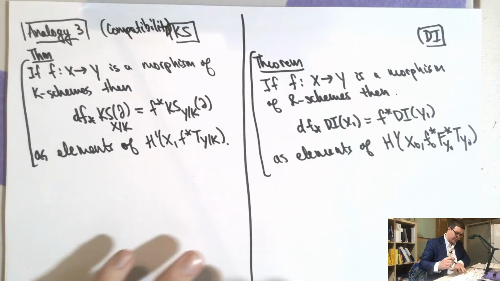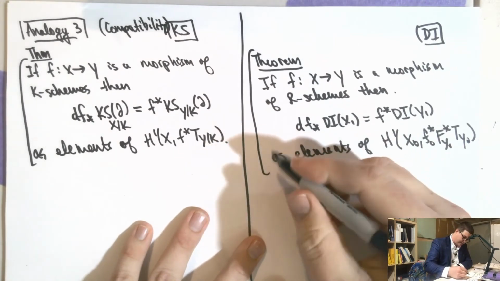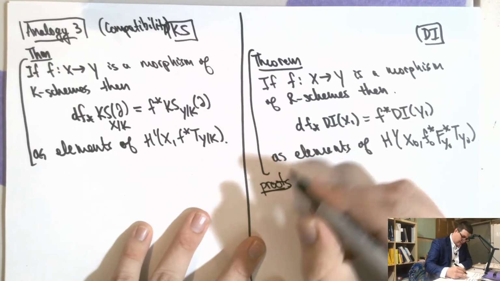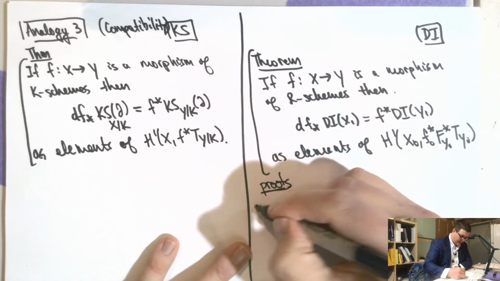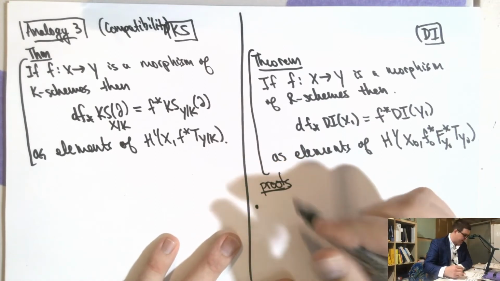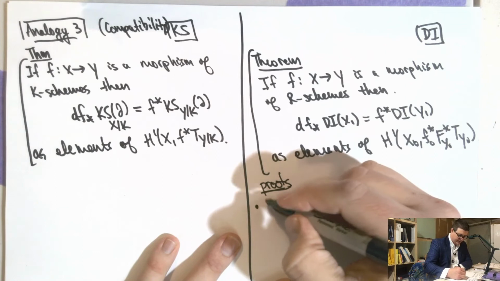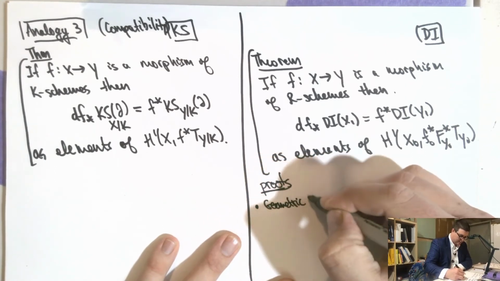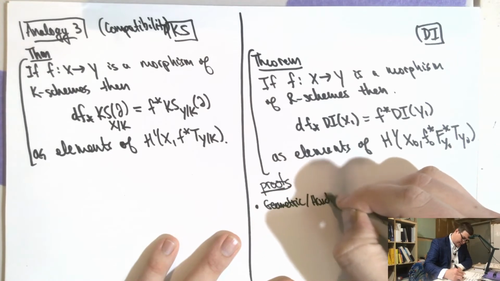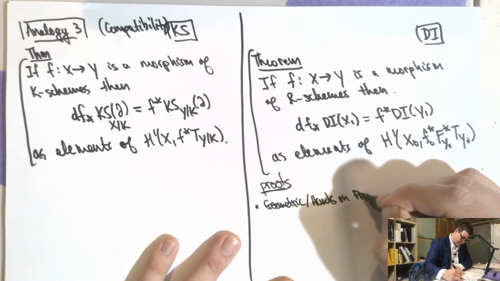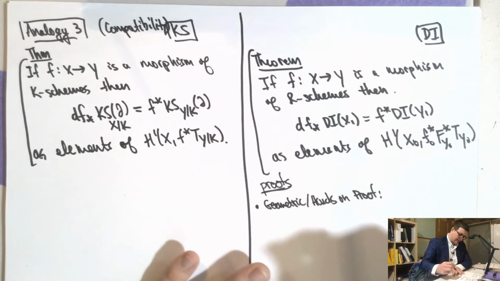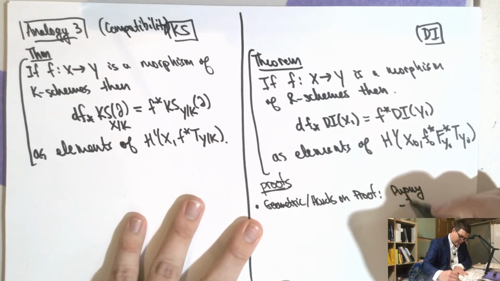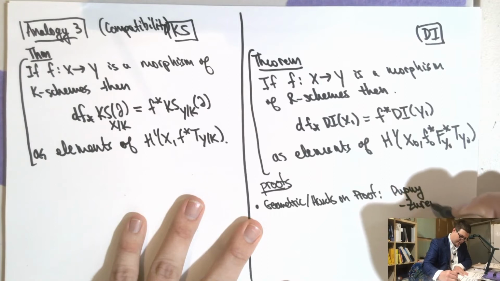So there's two proofs of this. There's kind of a hands-on proof, a geometric, hands-on proof. This is by myself and Zurich Brown.